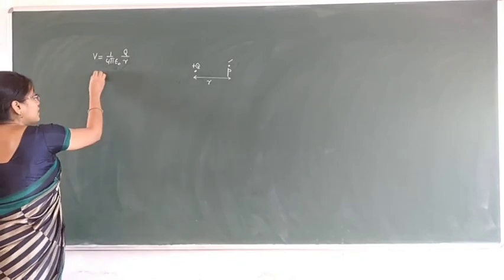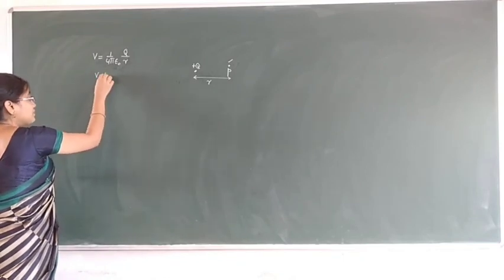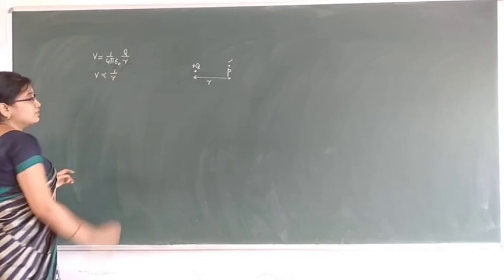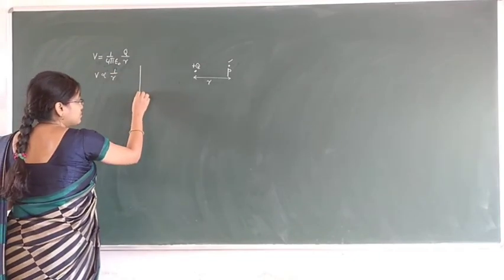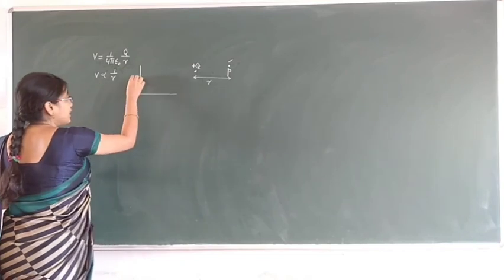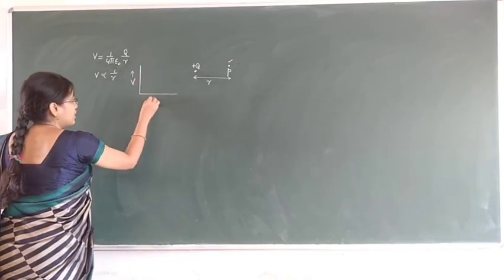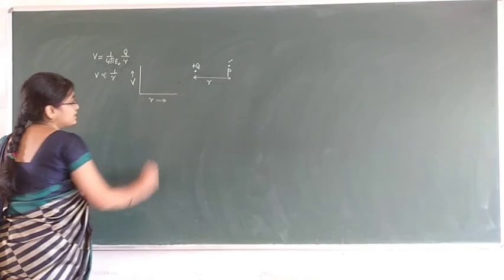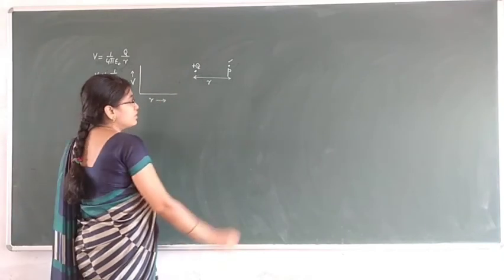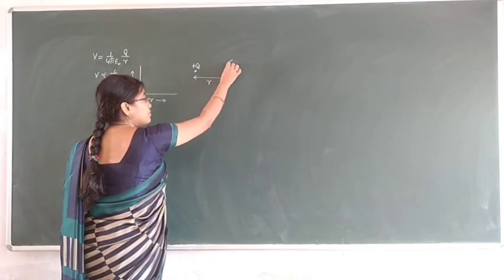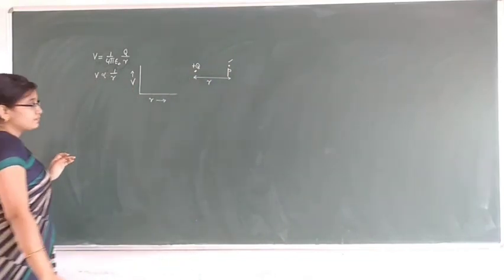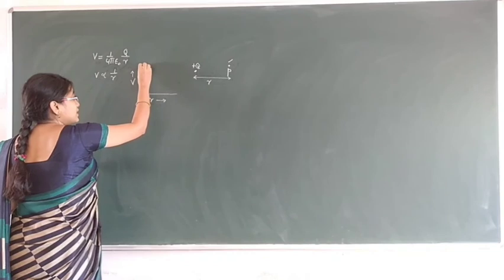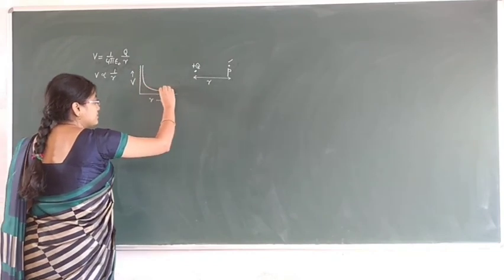Here V is proportional to 1 by R. If you draw the graph of electrostatic potential versus the distance between point of observation and source charge, then the graph nature is like this.